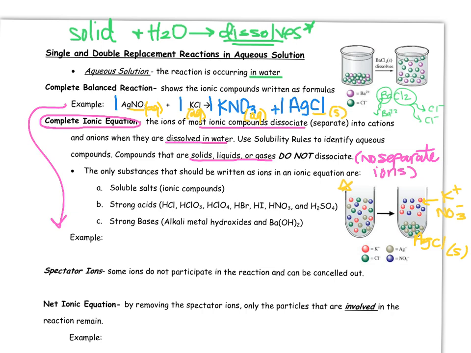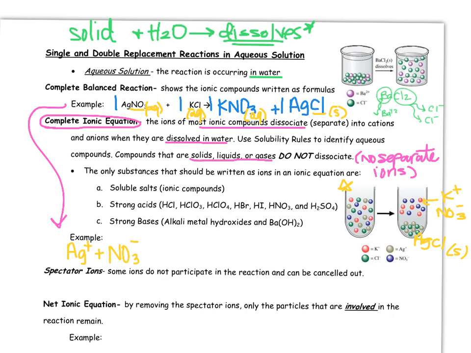Okay? So when we write a complete ionic equation, we're really just showing what it looks like in those two solutions. Ions are separated as ions. So for example, with my reactants, I start with all ions. I've got a single silver ion. We have to put charges for ions. So Ag plus. And I've got the single nitrate, NO3 minus.